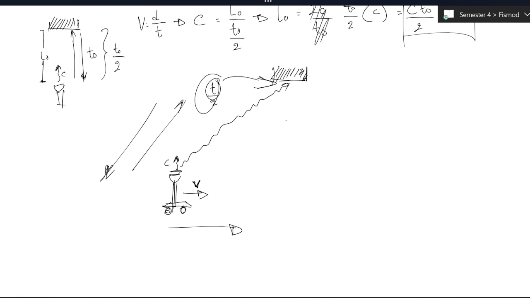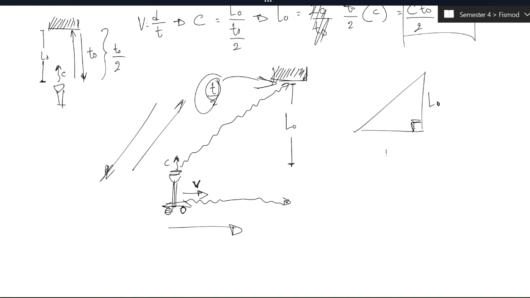Okay, so we have another L0 right over here, the distance from the flashlight to the mirror, and then we'll have this thing right over here, the distance thing. If you notice, this would be just a right triangle, right? This one is denoted by L0, and let's just call it L0.